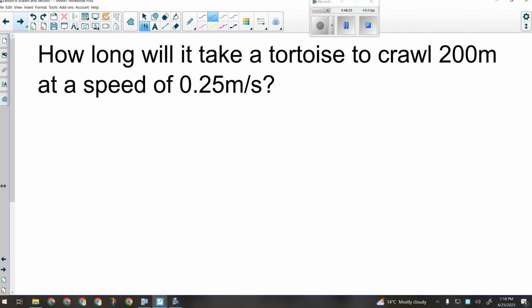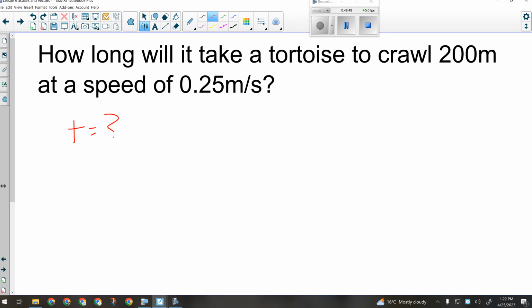Okay, try that one. How long will it take a tortoise to crawl 200 meters at a speed of 0.25 meters per second? They're asking us how long it'll take. What are they asking for? Time. They tell us 200 meters.